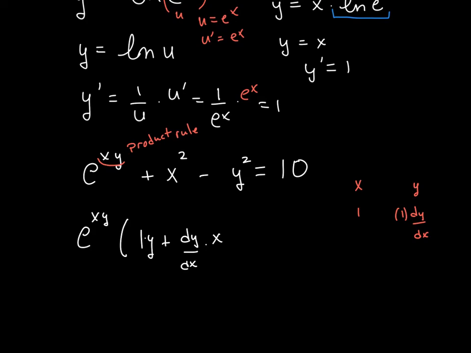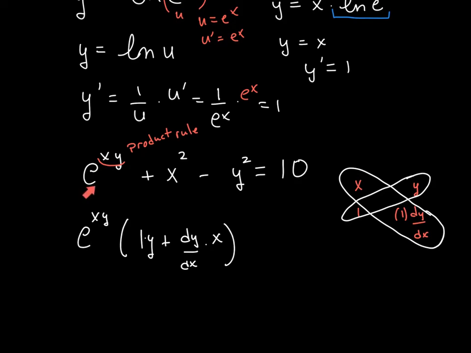Remember what the product rule says: one of those two multiplied times each other, and then the other of those two multiplied times each other. So that's why the first term is 1y, and then the next term is dy dx times x. Now that was all just for taking the derivative of e to the xy.